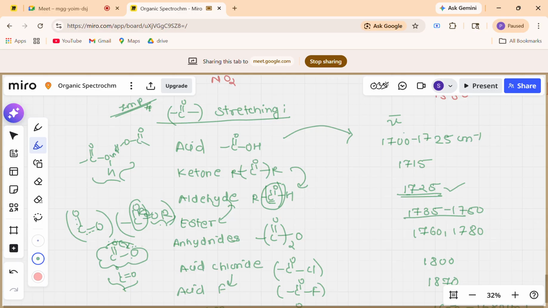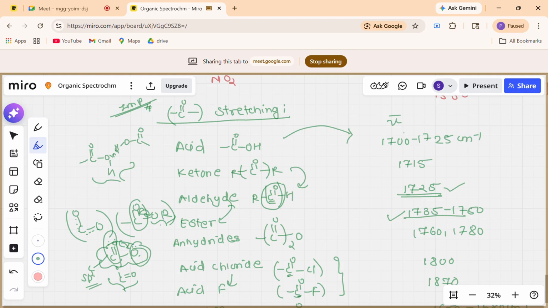The instrument can't detect which is the carbonyl group and which is your OR group in the ester functional group, right? So it basically treats it as if a lone pair is present on this oxygen, and this has a complete sp2 character, and that's why it's not going to affect the stretching frequency, and hence ester is going to have a higher stretching frequency as compared to aldehyde.